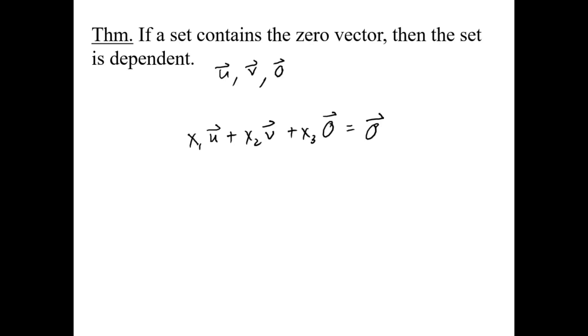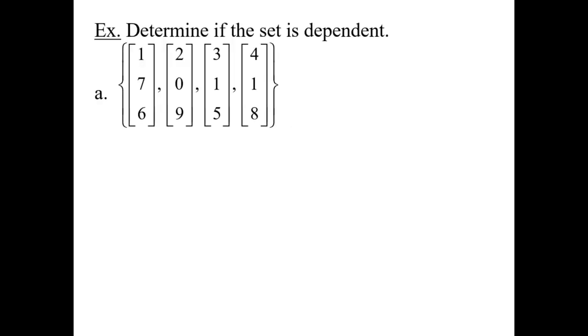There's nothing wrong with making some of the coefficients zeros. If you let this coefficient be zero and this coefficient be zero, and pick any other number for this coefficient, like 5, this is a linearly dependent set because I found coefficients. They weren't all zeros, but the combination resulted in the zero vector. So if you have a set of vectors where one of the vectors is the zero vector, it is automatically dependent.